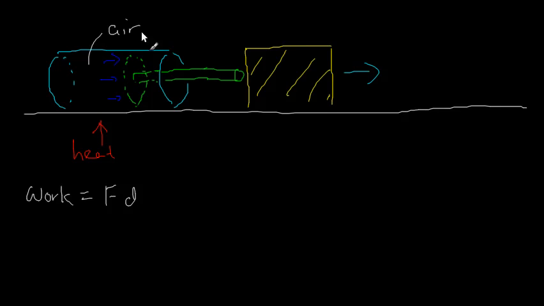Well, if we have air, we want to talk about pressure. And if we know the pressure and the area that it pushes on, we can find the force, because we know that pressure is equal to force divided by area. So there is a connection.